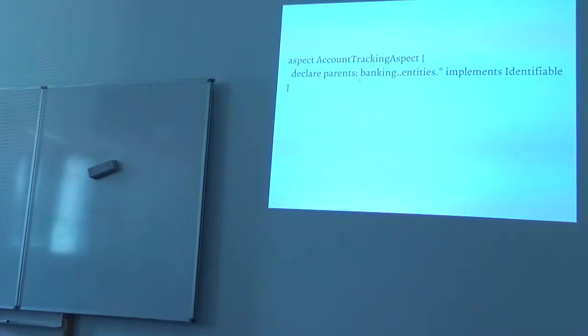Declare parents. So we can use this marking interface and enforce this marking interface on a number of classes like this. So this is also quantifiable. So you can force all the classes in this package to implement this interface.